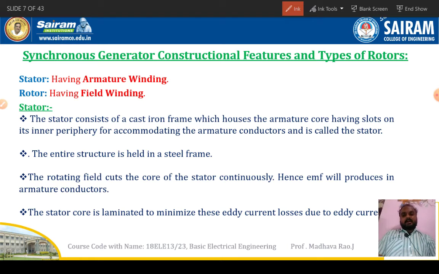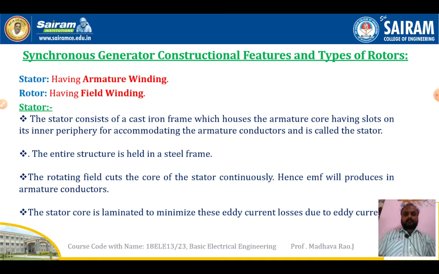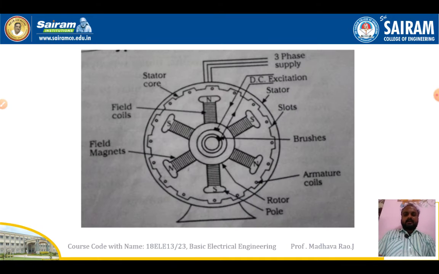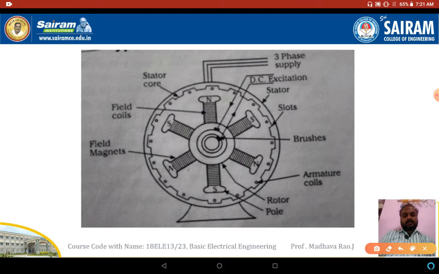So this is about the stator. Now we will see the cross-sectional diagram of the synchronous generator. This is a cross-sectional view. As already discussed, it has two parts: one is the stator and the other is the rotor.